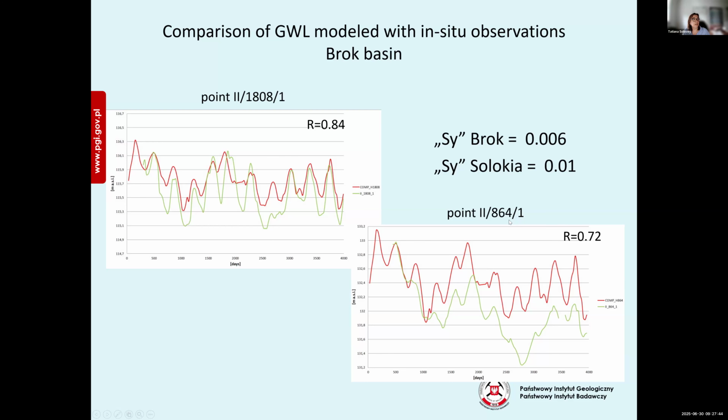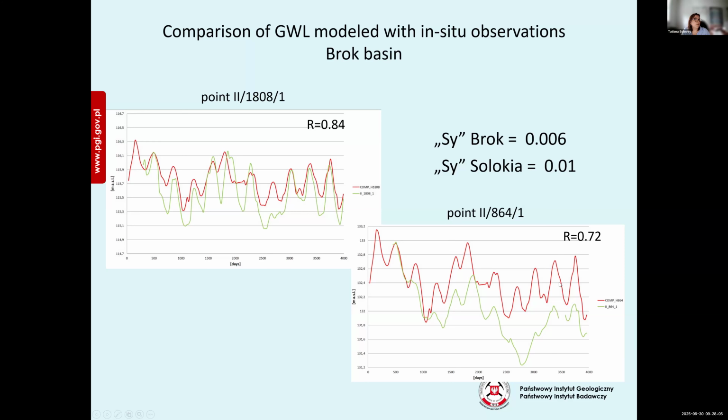For point 4864, located in the southeastern part of the catchment, the correlation coefficient is 0.72. This point is situated near a concrete plant and is influenced by groundwater abstraction.